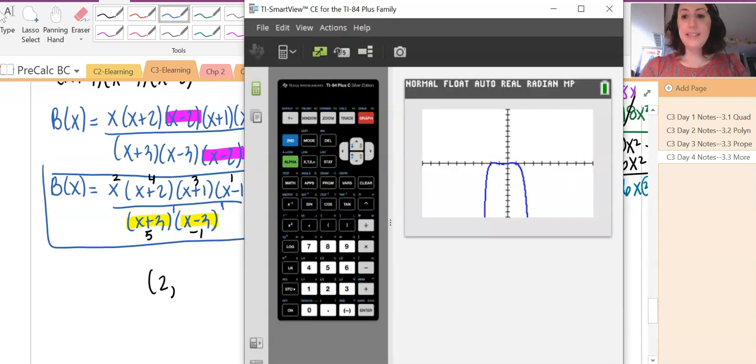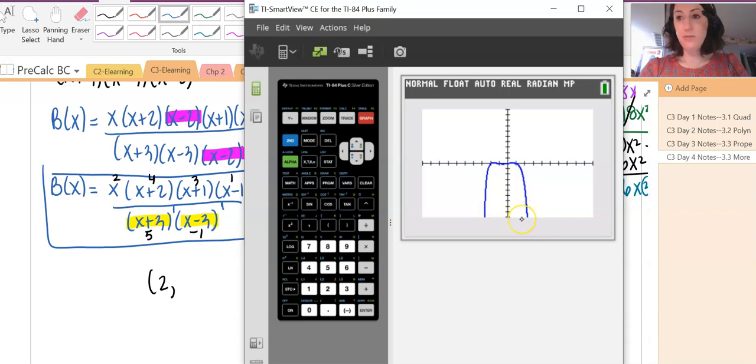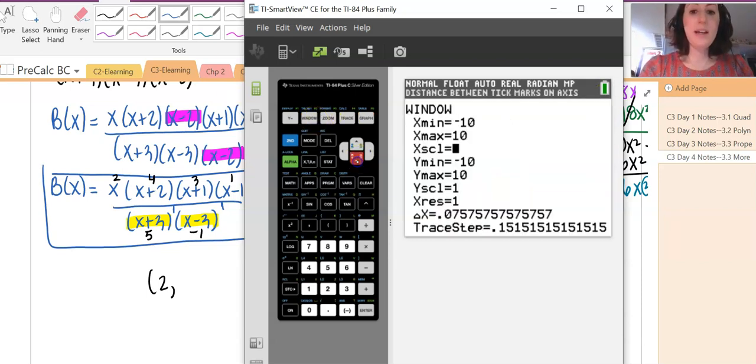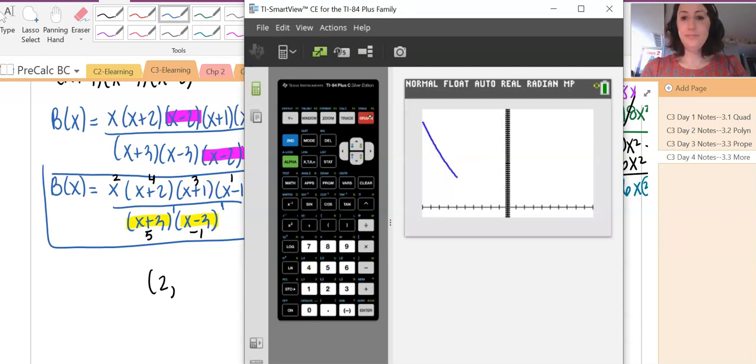So since here we're going down, that means on the other side of the vertical asymptote, they have to be going up because of what we learned about intermediate behavior and the degree of the vertical asymptote. So that means I'm going to move my window way up again. I'm going to try 100. There it is. Okay, so it's a lot more than what you can just see.